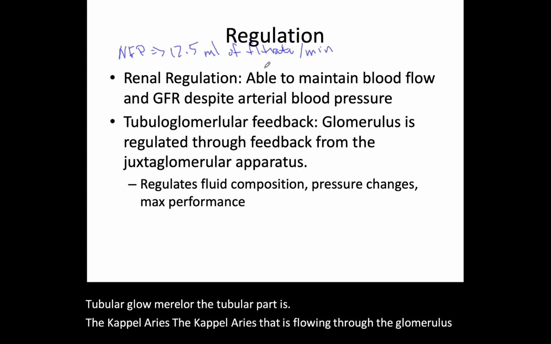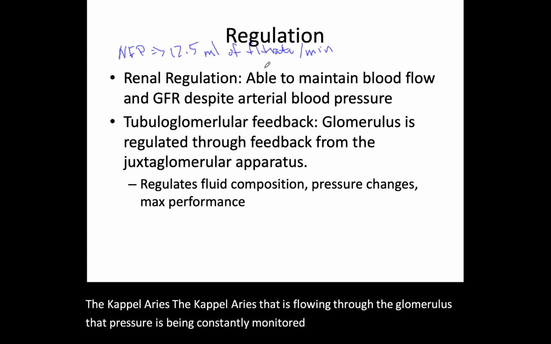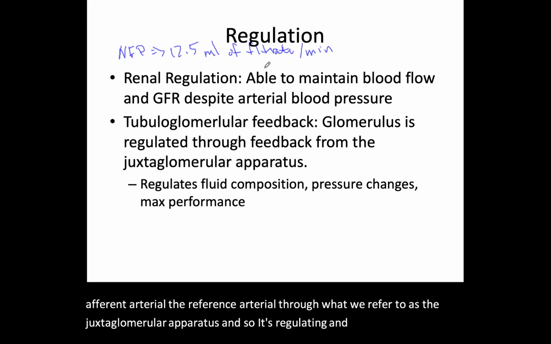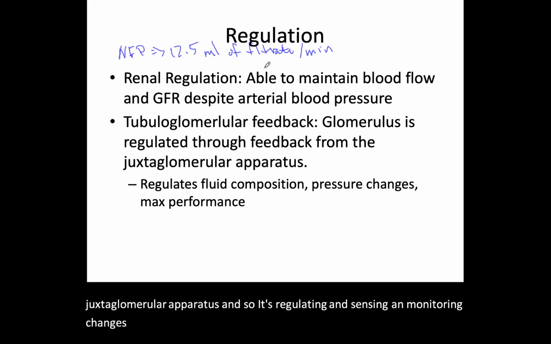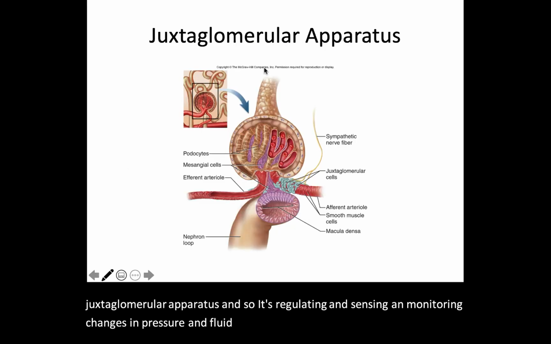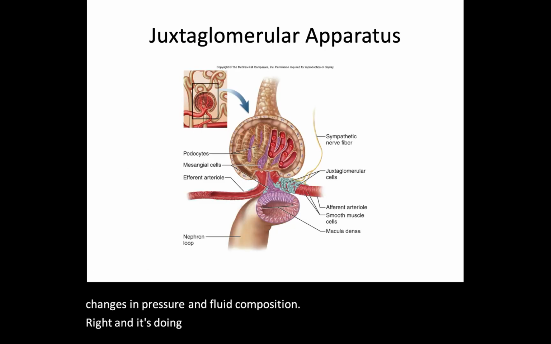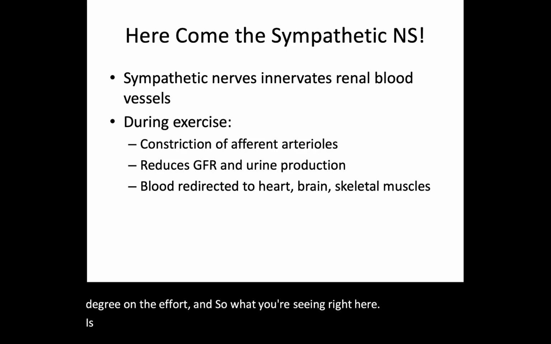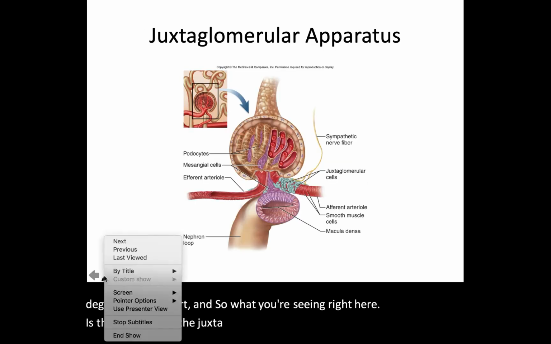That pressure is being constantly monitored. And it's being monitored in the afferent arteriole and the efferent arteriole through what we refer to as the juxtaglomerular apparatus. And so it's regulating and sensing and monitoring changes in pressure and fluid composition. And it's doing that, again, primarily on the afferent, but also to some degree on the efferent. And so what you're seeing right here is that scenario of the juxtaglomerular apparatus.